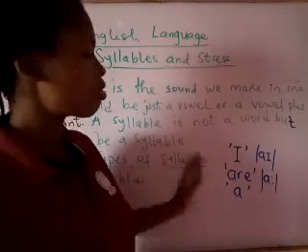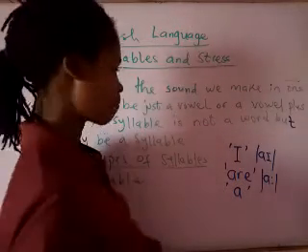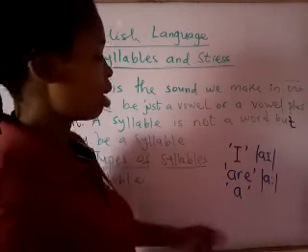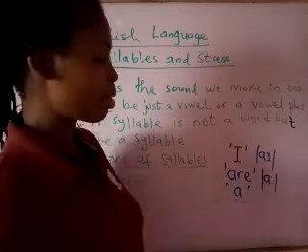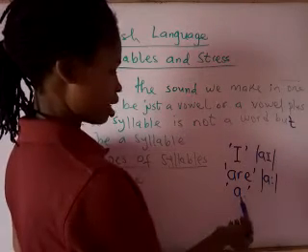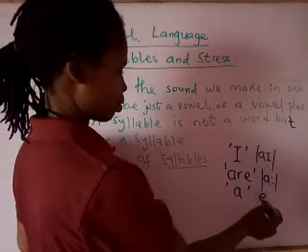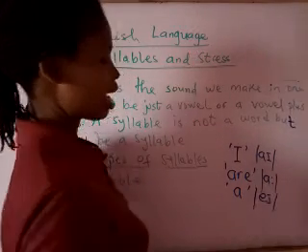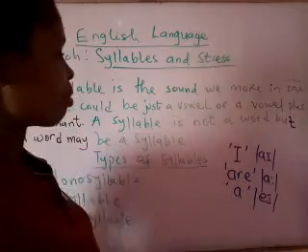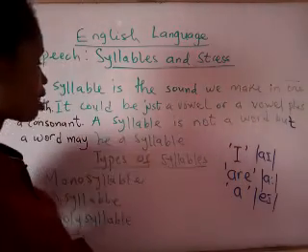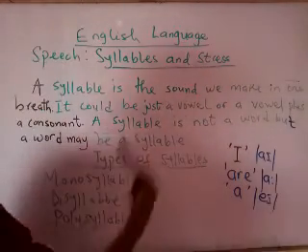We use sounds. This A-R-E is pronounced R, and this is represented by the long vowel sound. The same thing goes for this A. When you say A, this is what you're saying, and this is a vowel sound. No consonant at all. That is what we mean when we say that a syllable could be just a vowel.